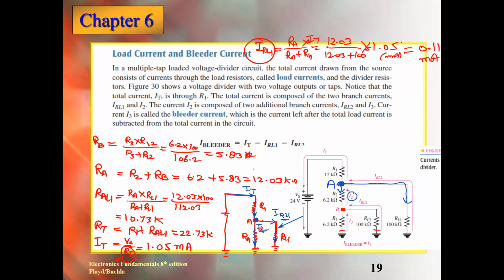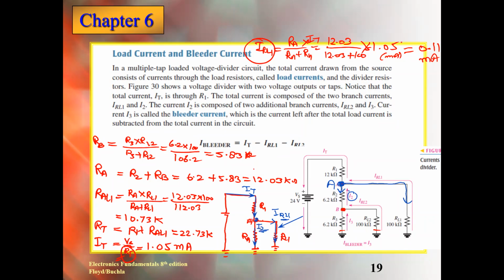Anyone? IR1 minus I total. Okay, which rule is this? Yeah, this is called KCL, Kirchhoff's current law. We can apply Kirchhoff's current law.